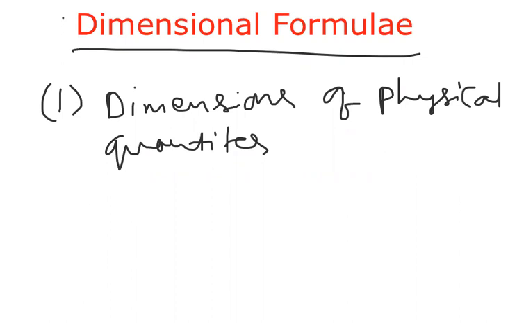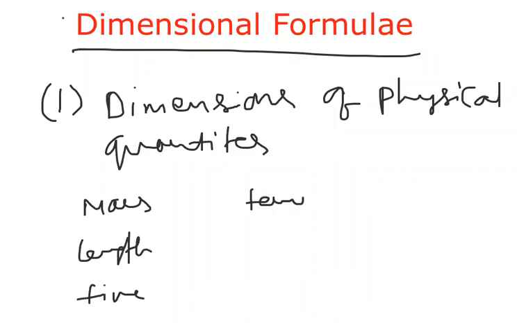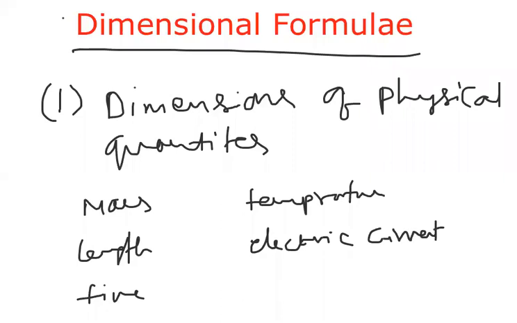Mass, length, and time, temperature, thermodynamic temperature, electric current, and quantity of substance. These are the fundamental quantities. One more is luminous intensity, but mostly we will not be using it.